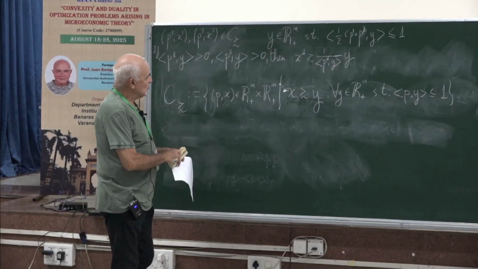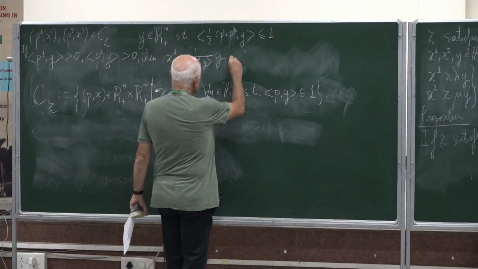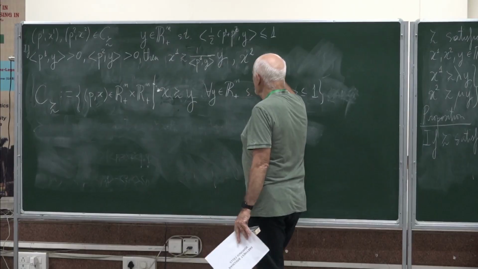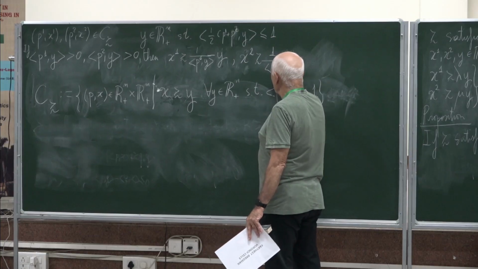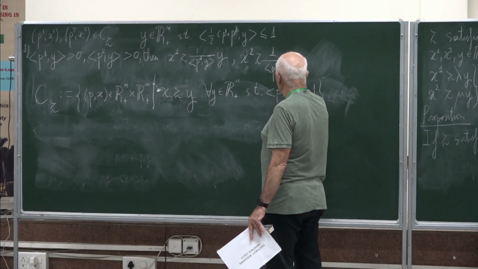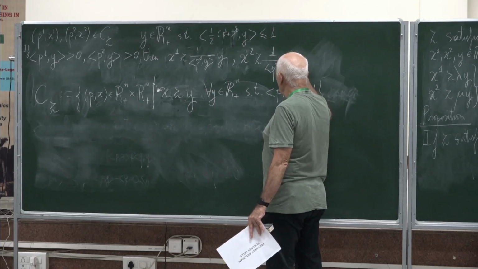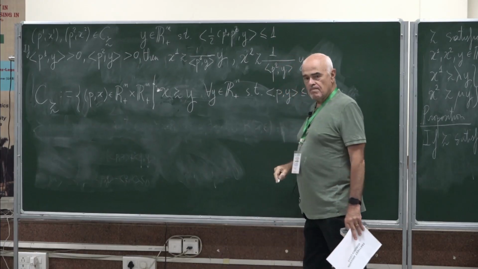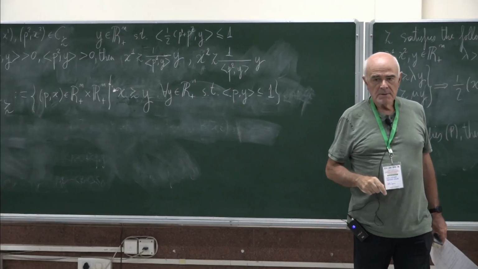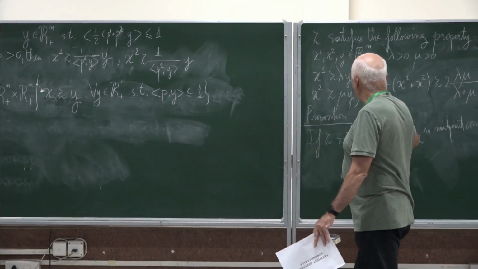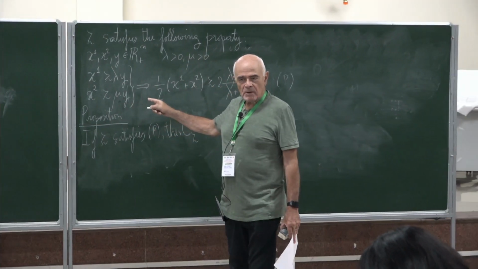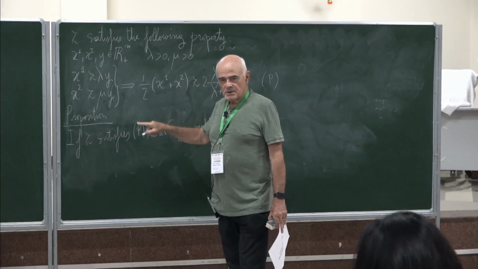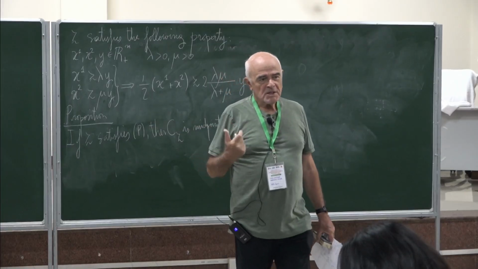And in the same way, x2 is preferred to 1 over P2y times y. And then I can apply the property, the very strange property, but I will make comments about this property later. Okay? The very strange property I am assuming.